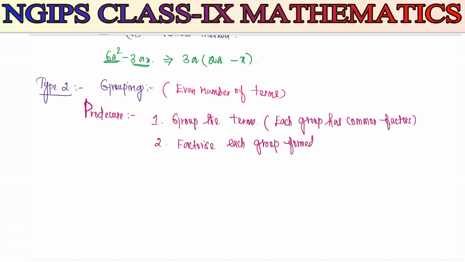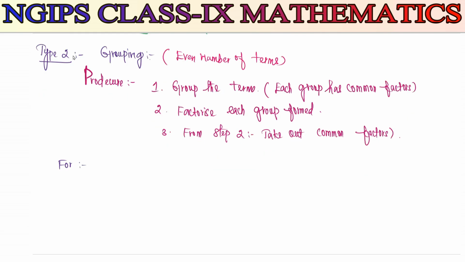The third one, from each group we have factorized, then later again we have to take out the common factors from step 2. Okay, now I am going to give an example here.